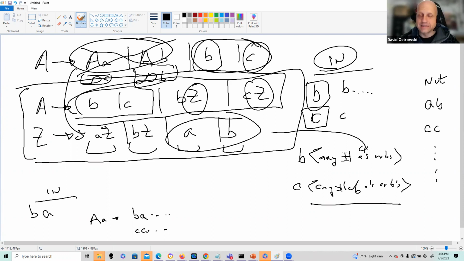So this is our tool in our toolkit to immediately resolve the conversion to Greibach normal form, which is going to follow this presentation. But this is a nice way just to break that down and individually look at the elimination of left recursion.